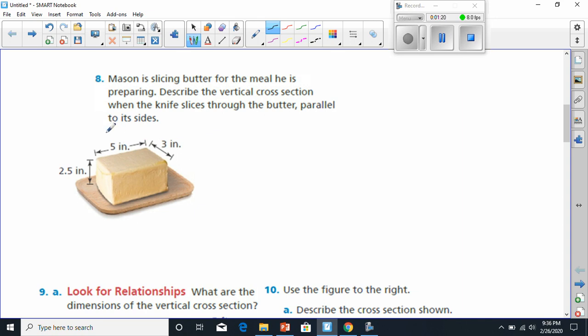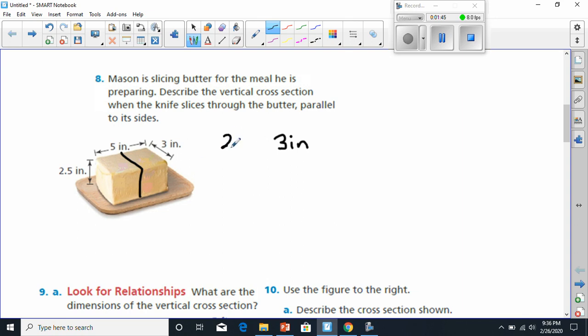So that means it's either going to be cut this way, and if it's cut that way, then we can say that it's still going to be 3 wide, right? So see, 3 inches, and it's still going to be 2 high, right?